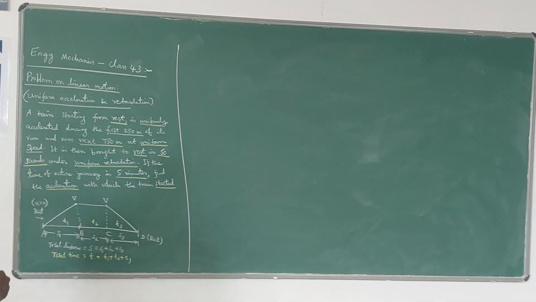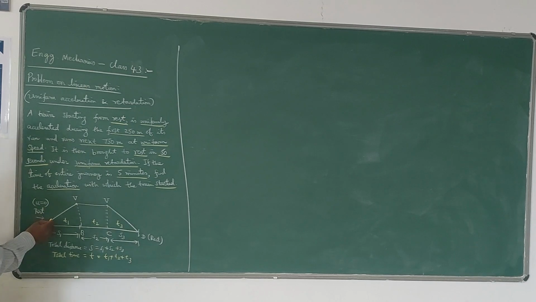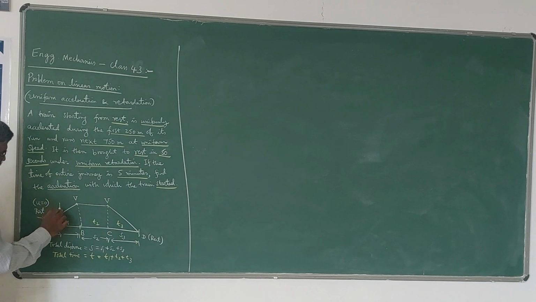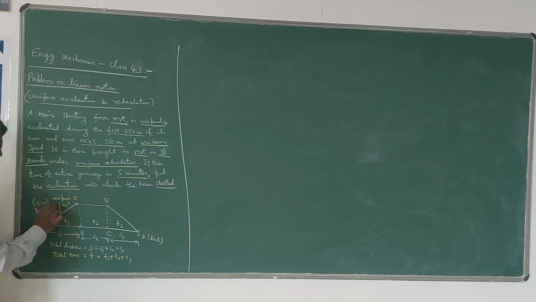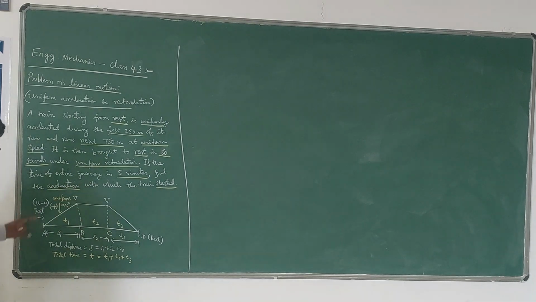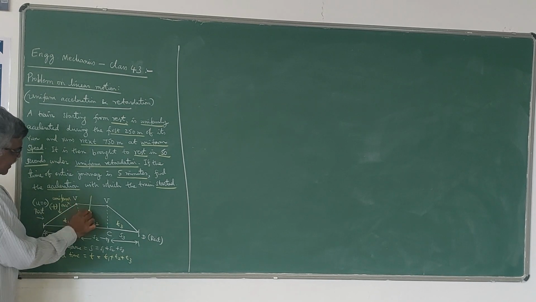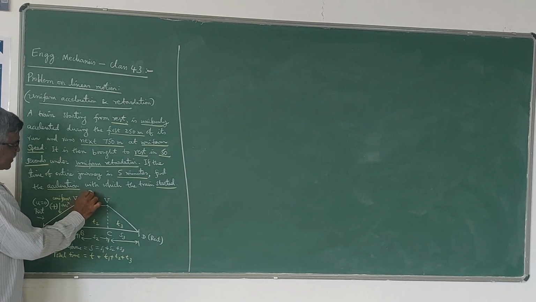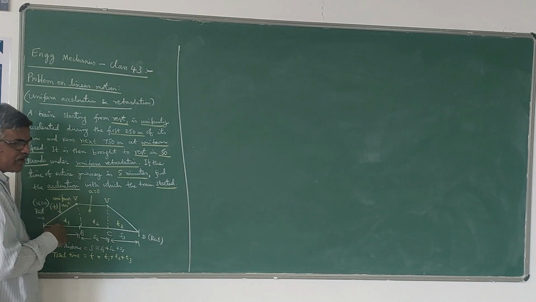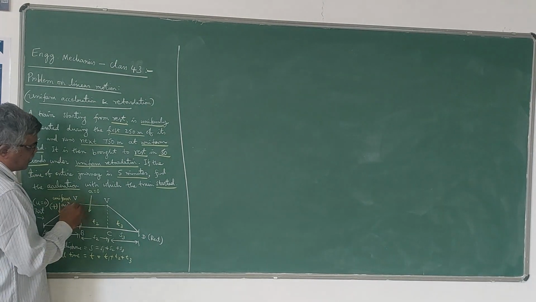We can see that in the first stage it is the case of uniform acceleration. That means velocity increases, therefore acceleration is positive in the first stage. In the second stage, acceleration is 0 because velocity V remains constant.